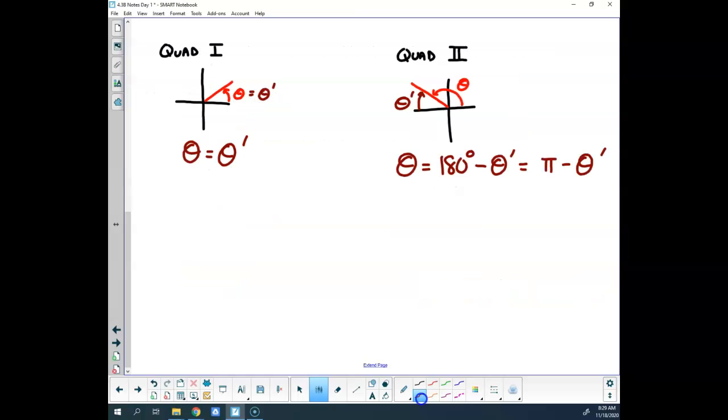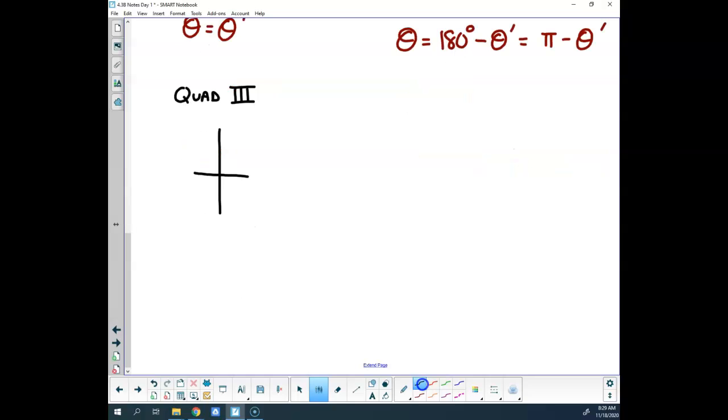If I'm in quadrant 3, theta is there. My reference angle, theta prime, is there, off the horizontal.